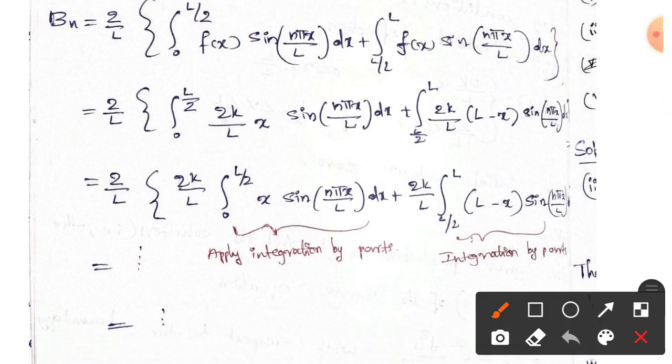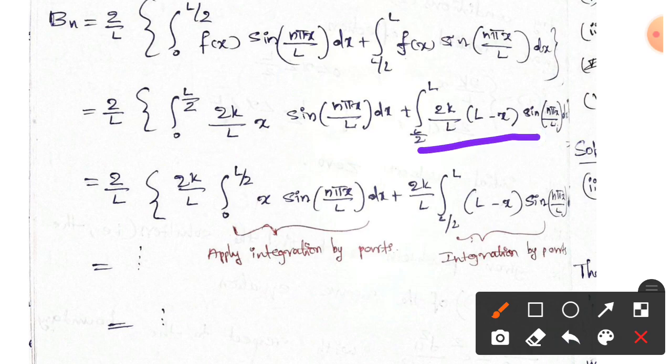Then we have to simplify. So 2 by L outside into 2k by L. This is a constant. We are integrating with respect to x, so 2k by L is a constant and we can take it outside. So integration 0 to L by 2 of x into sin n pi x by L dx is the first term.